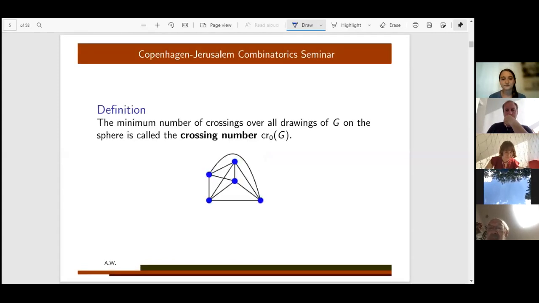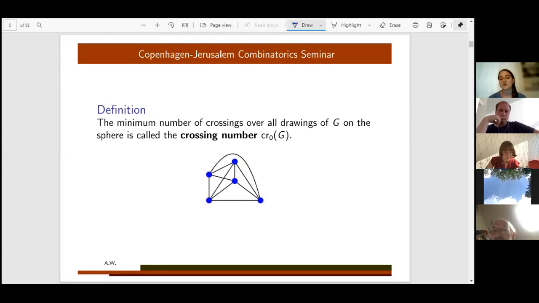So let me just pull up a picture of a nice graph. Here is K5, and K5 is not planar. However we're going to draw it in the plane or actually on the sphere, it doesn't matter, because the plane and the sphere have the same genus. And there's actually a stereographic projection from the sphere to the plane.